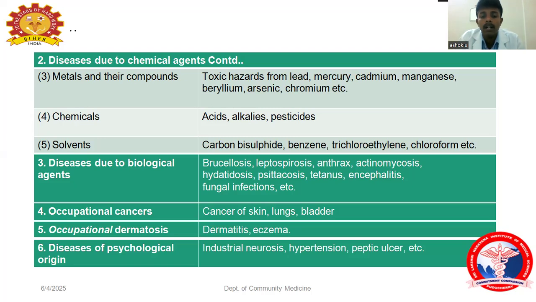In industries where certain dyes are used, the person can develop skin cancer, and certain chemicals or inhalation can lead to lung cancer and bladder cancer. Then we have occupational dermatosis, resulting in dermatitis and eczema, and diseases of psychological origin, that is, industrial neurosis and hypertension, etc.